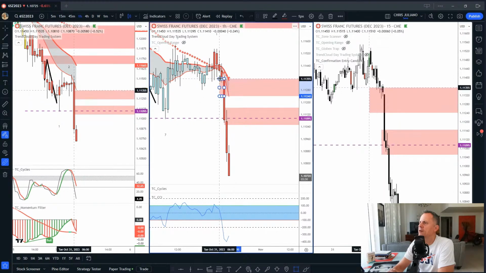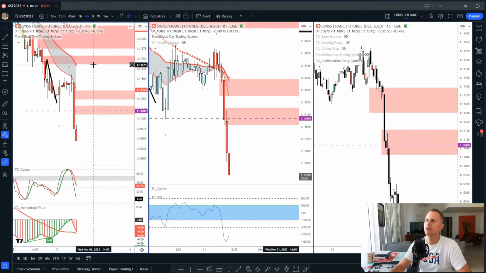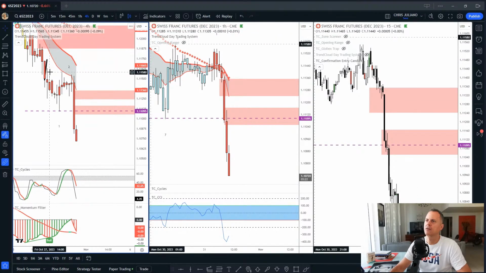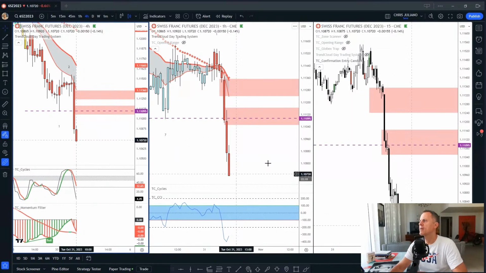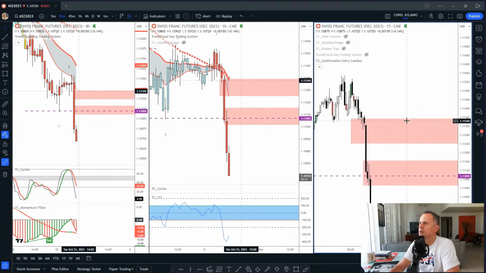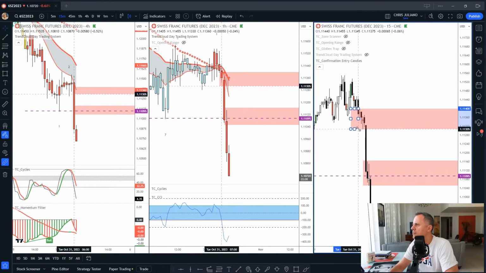Here's our trend cloud on that middle time frame, right? Let's get rid of this. Clear up the chart so we can see our plan of action. Here's that middle time frame trend cloud, and what do we have? Well, we've got this right here.